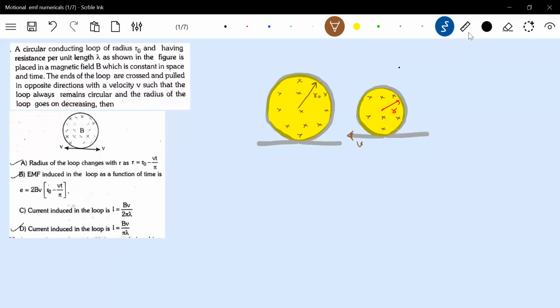Okay, get into the diagram. First it is asking for the EMF induced, then all other parameters. First we'll go for how to calculate that EMF induced.